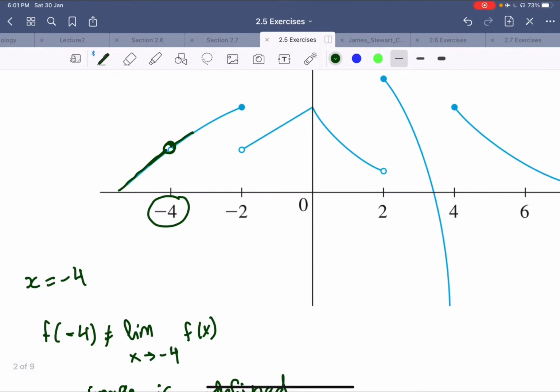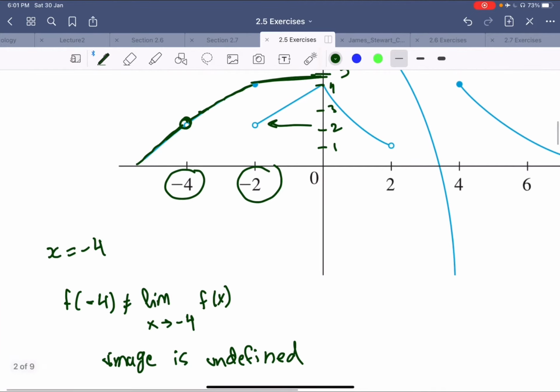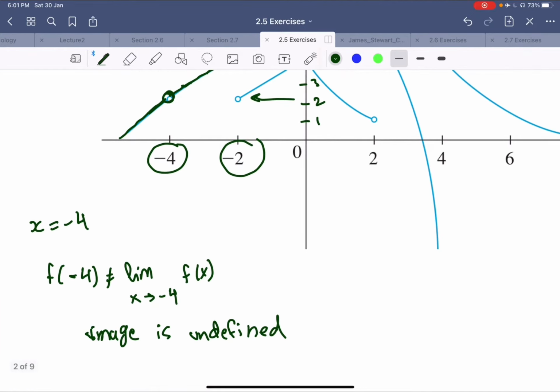Now we continue. It will stay continuous until we reach negative 2. The limit when x goes to negative 2 from the left will be approximately, if we put this value, 1, 2, 3, 4, 5 for example, so it would be 5 from the left. From the right it would be 2. We said from the rules of continuity that the limit from the left equals the limit from the right and equals the image.